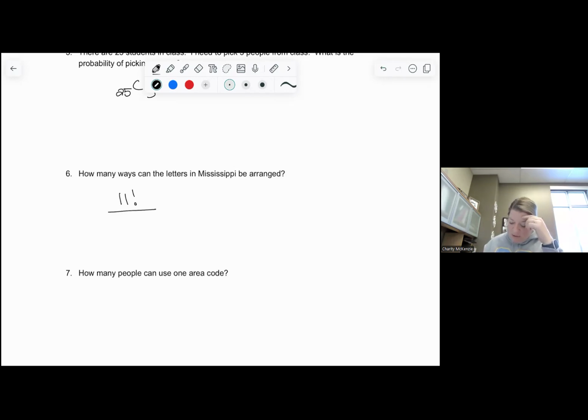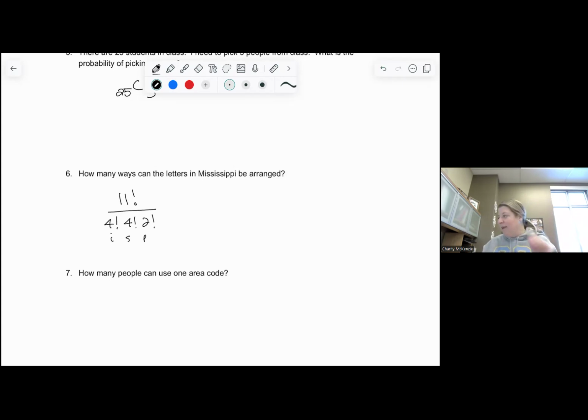So there are 1, 2, 3, 4 I's. So I'm going to do 4 factorial for the I's. And then there are 4 S's. So that's for the S's. And I see 2 P's. And then I don't see any other repeating.